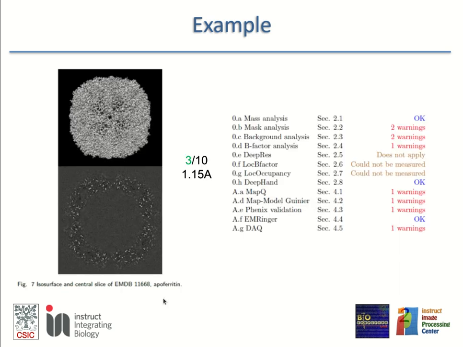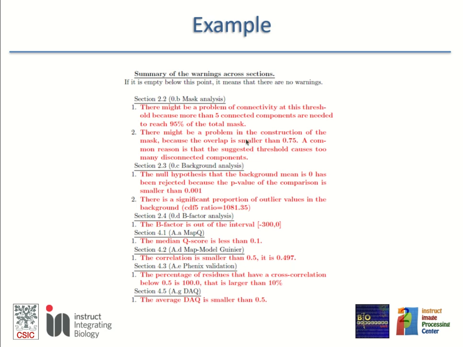Another example, this is one of the best structures that as a community we have produced. This is an apoferritin at 1.15 angstroms resolution, and even this very good structure has many warnings. So let's see the kind of warnings that we have. For instance, the threshold doesn't seem to create a mask that is very well connected.